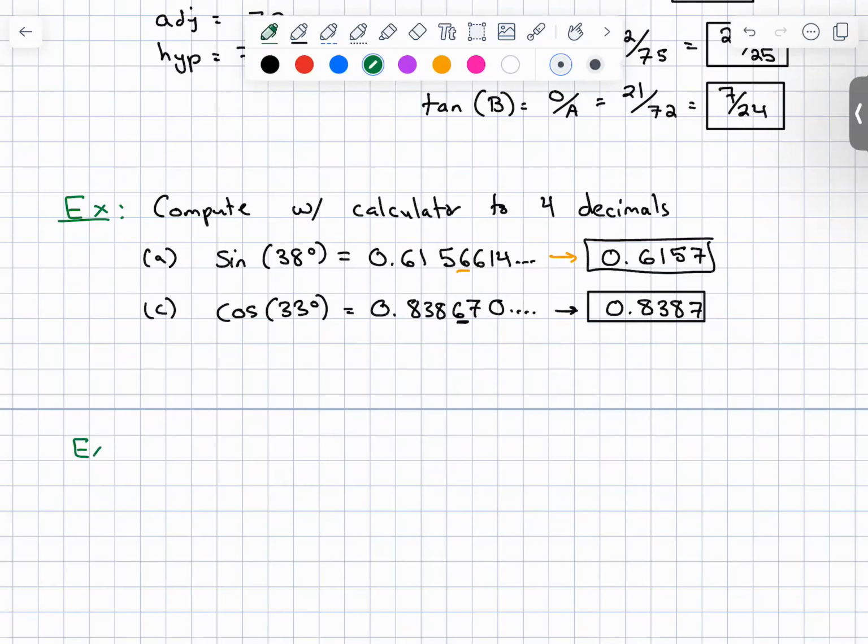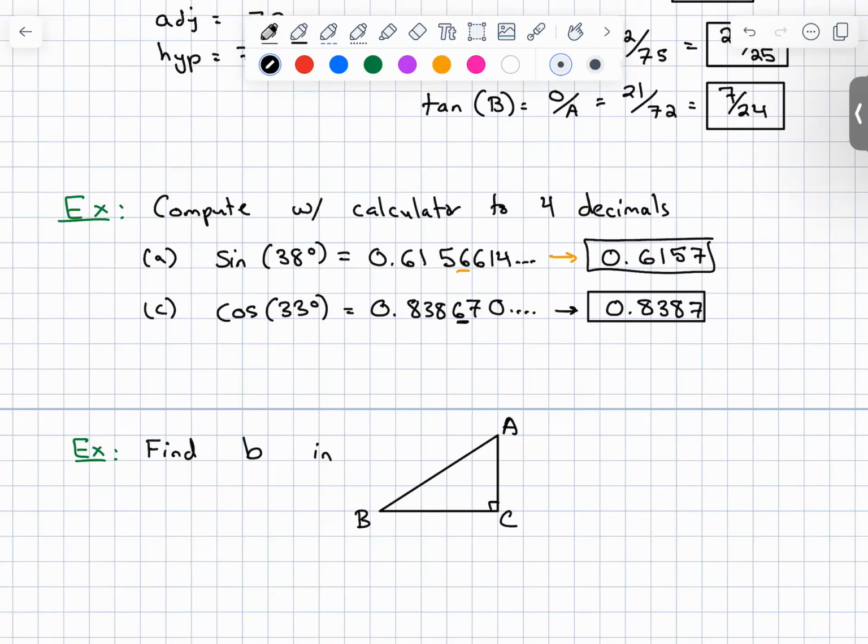Example. Find b in this triangle. Right triangle. A is in the top left, B is in the top right, C is in the bottom left, and the right angle.